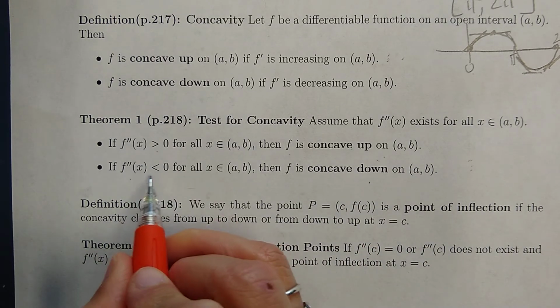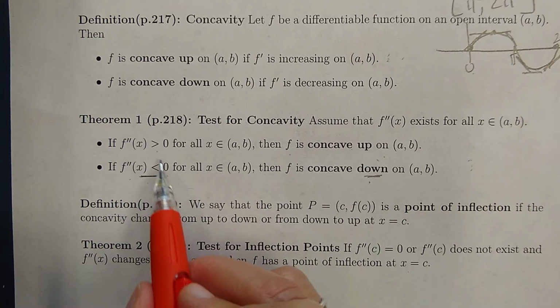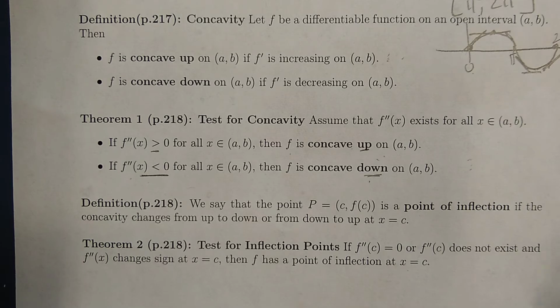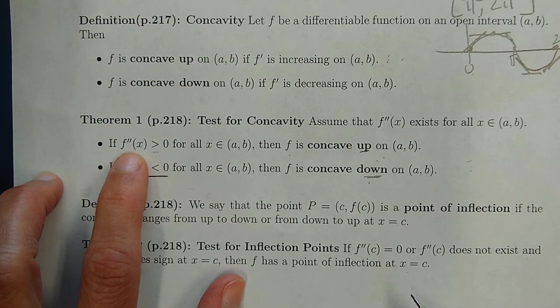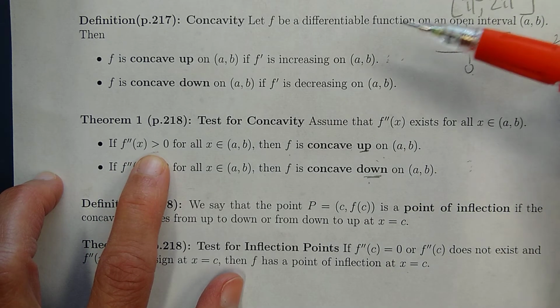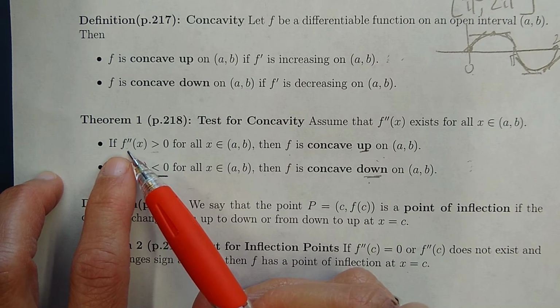That's not too hard to just remember because negative sort of corresponds with down and positive sort of corresponds with up. But it's also not too hard to understand: if the second derivative is positive, that means that whatever function it's the derivative of is increasing.